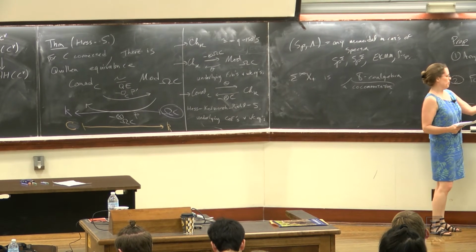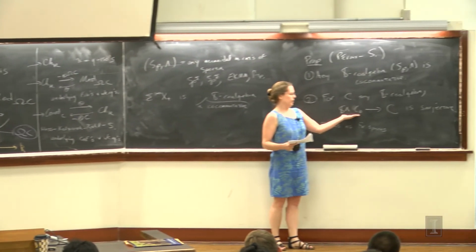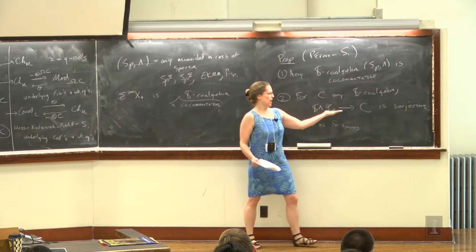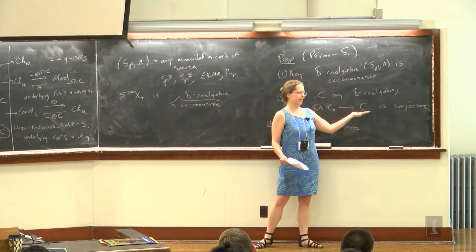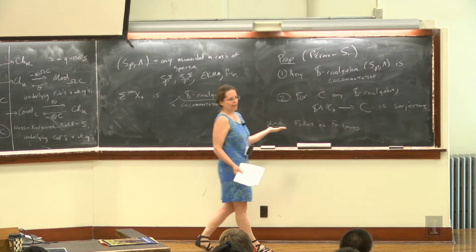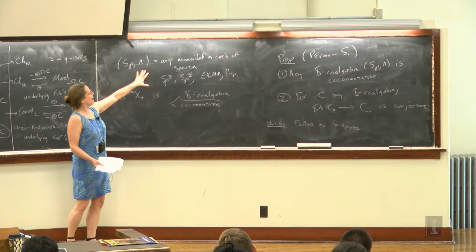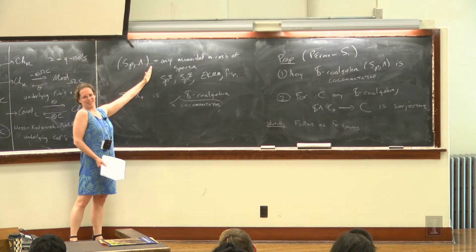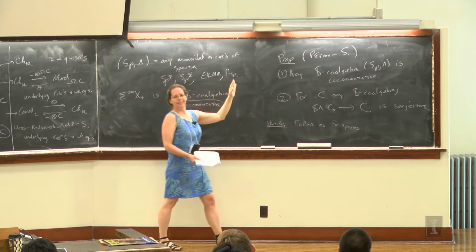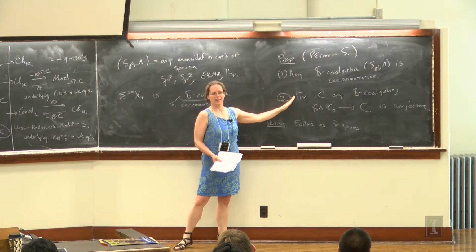On the suspension spectrum of the zero space, there will be only one coalgebra comultiplication structure, and it will be forced to be the diagonal. And then since that surjects onto C, that will force the comultiplication on C to be cocommutative. So what am I saying here? I'm saying that all my favorite categories of spectra do a really good job of modeling algebras and modules, but they don't model coalgebras as we know them.